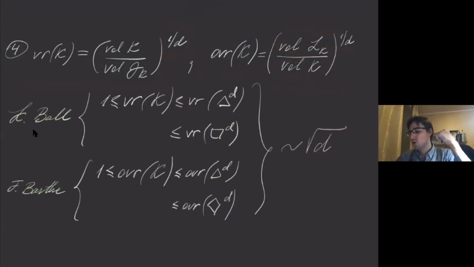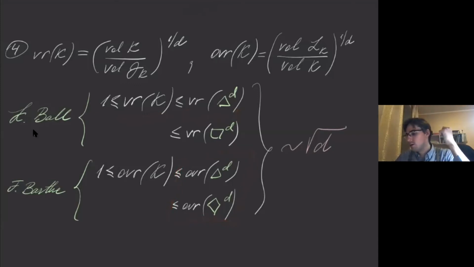The answers were given by Keith Ball and Franck Barthe, and they are as follows. The volume ratio of a body K is bounded from above by that of the standard d-dimensional simplex in the case of an arbitrary body K, and by the volume ratio of the standard d-dimensional cube in the case of an origin symmetric body K. There are also, in some sense, dual upper bounds obtained by Franck Barthe.